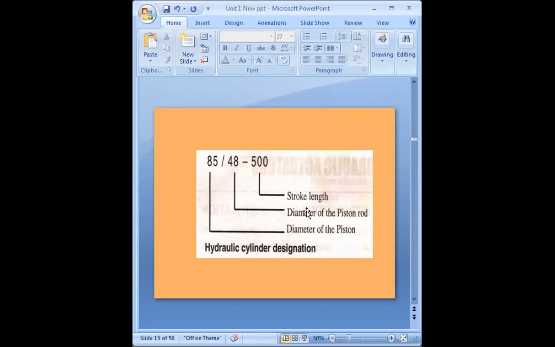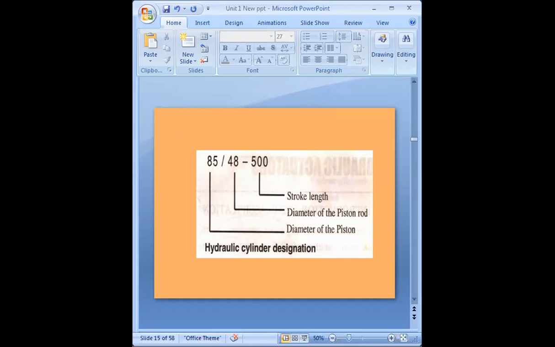These hydraulic cylinders are designed and manufactured for a variety of services. In any application the function is the same, but the cylinders are designed based on the application. Their size is designated by one standard designation. So we should know how to designate this hydraulic cylinder.